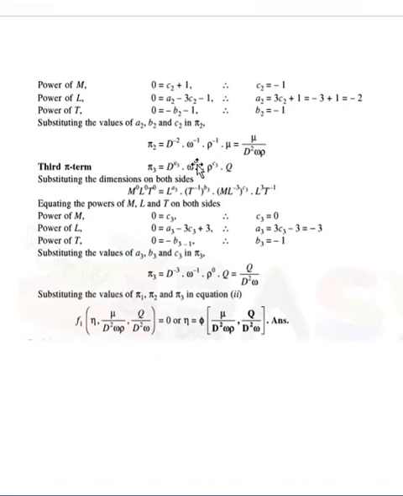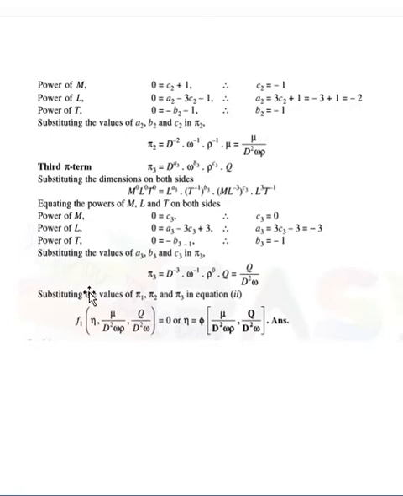Putting the values, d to the power minus 3, w to the power minus 1, rho to the power 0 into q. This term is in the numerator. If we move it to the denominator, therefore q upon d square into w.